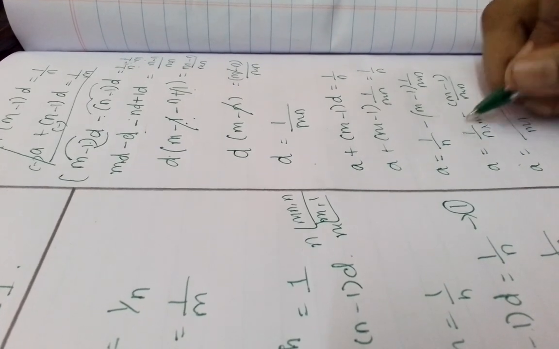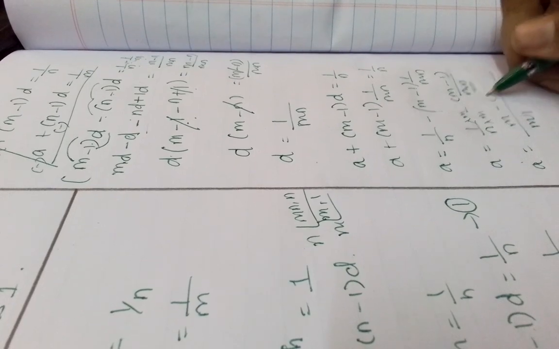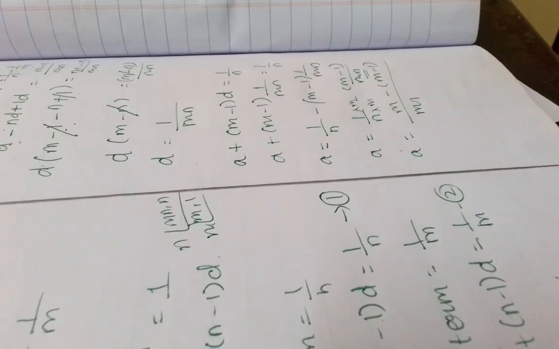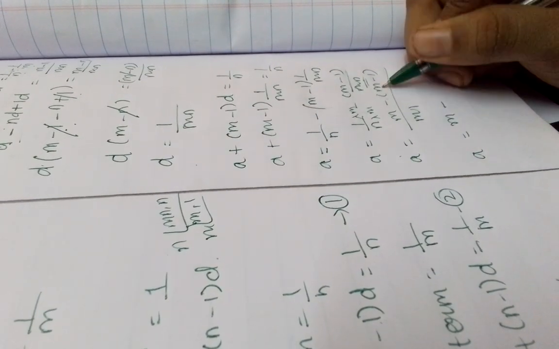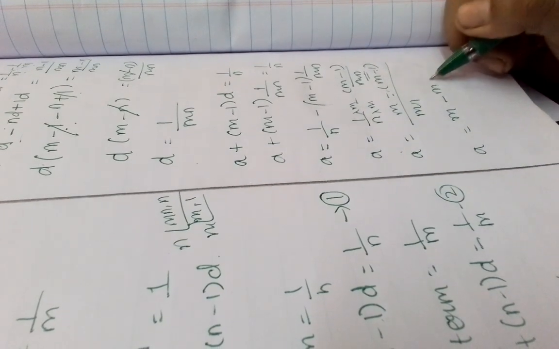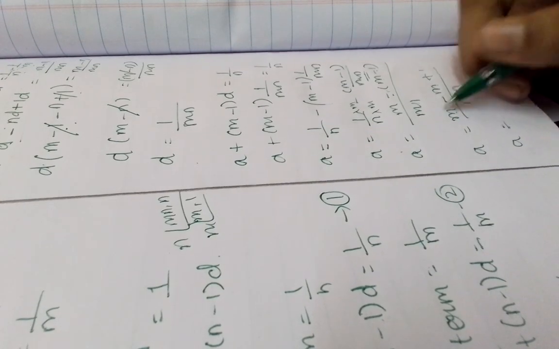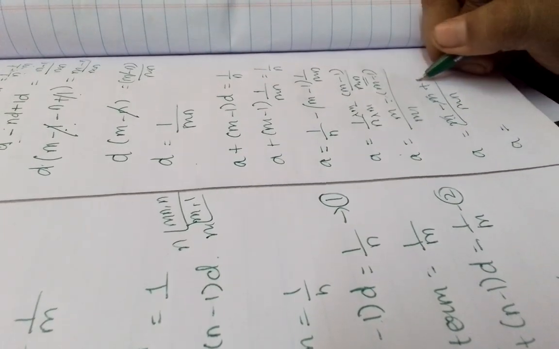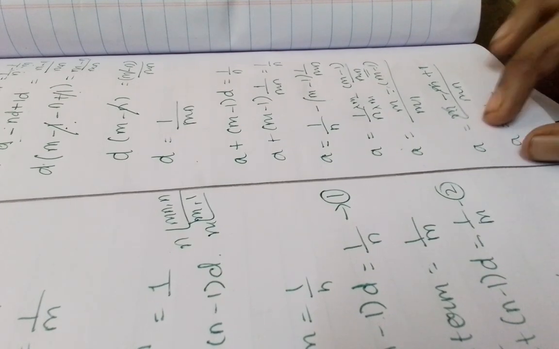Already mn is there, so m minus (m minus 1), okay children, understood? So a will be equal to (m minus m plus 1) divided by mn. So m gets cancelled, right children? So 1 is remaining, 1 by mn. So the value of a is also 1 by mn.